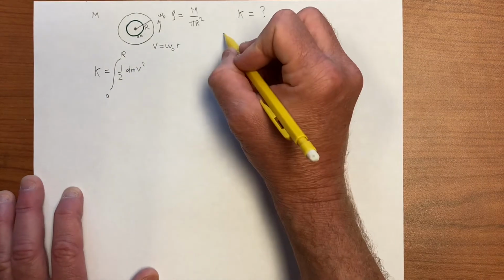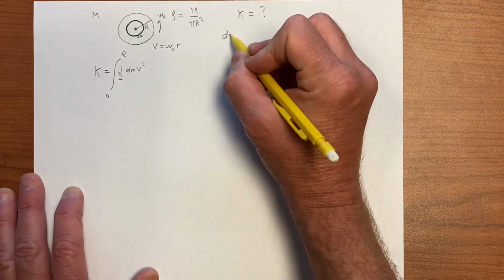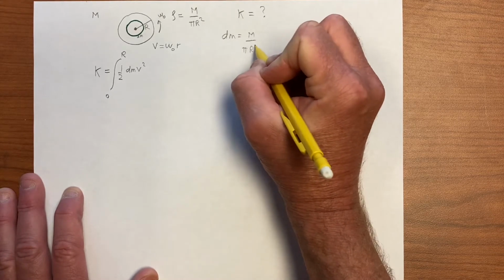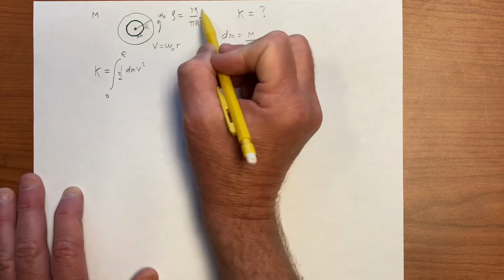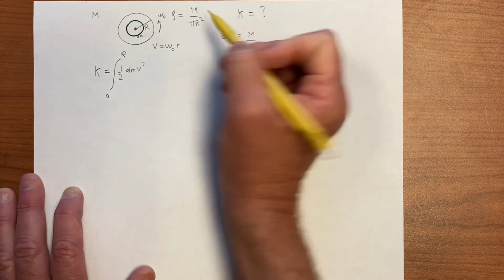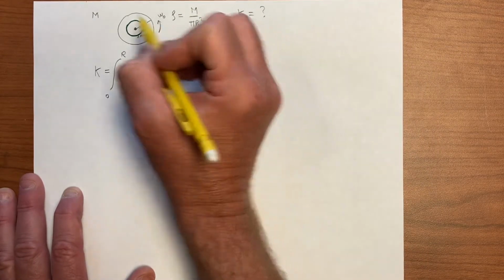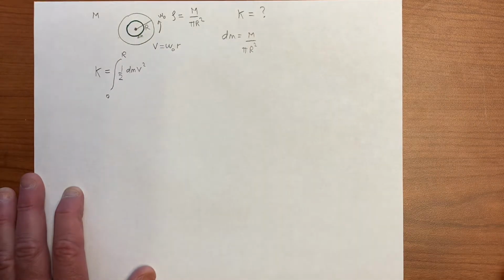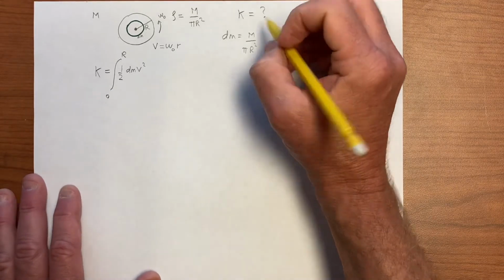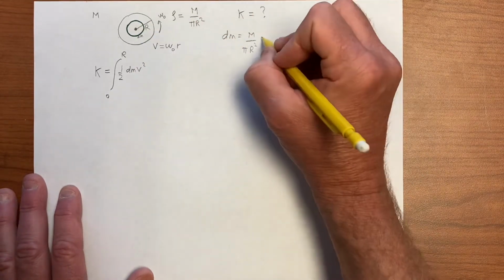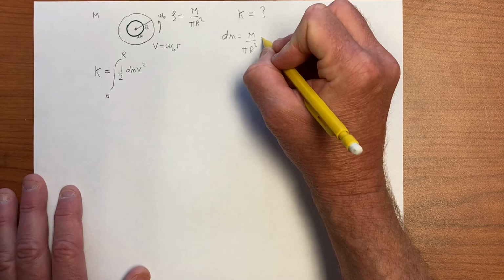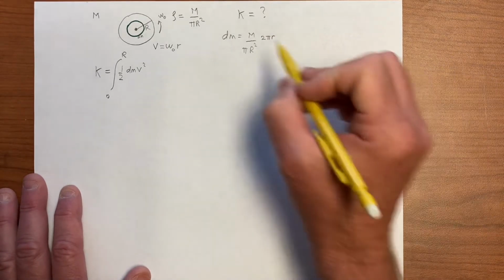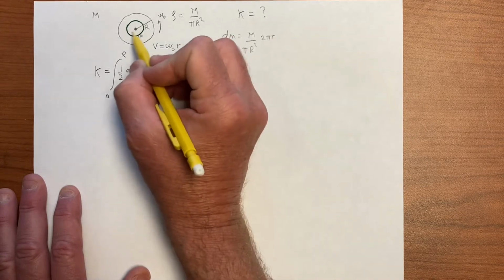And so we need the dm, and the dm comes from the density, right? So it's the density, m over pi r squared, times the infinitesimal area of this green annulus. Every green annulus has a tiny area, which is the circumference, which depends on how far the green annulus is from the center.